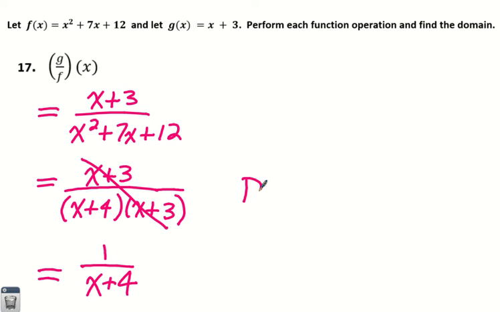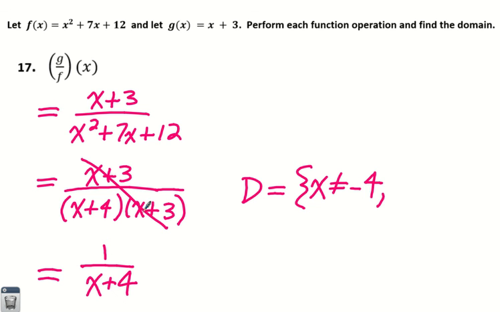As far as the domain goes, let's see. You're not allowed to plug in anything for x that would have you dividing by 0. So because of this factor, x would not be allowed to equal negative 4.